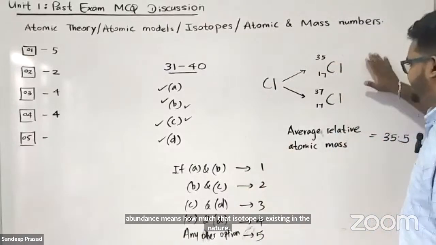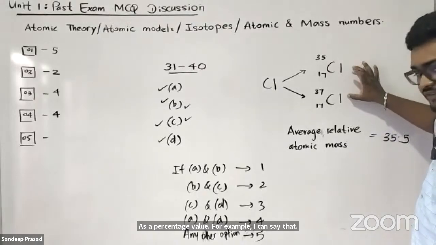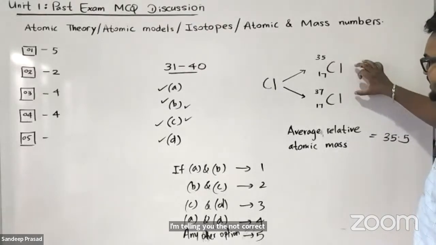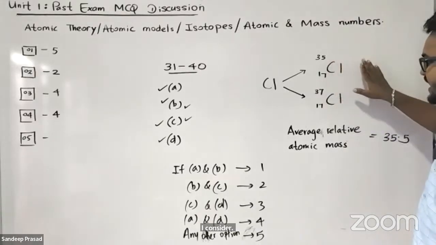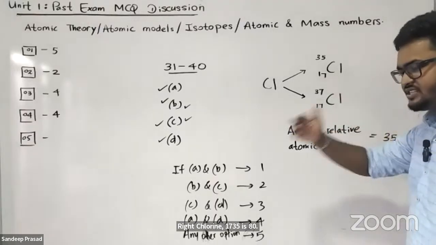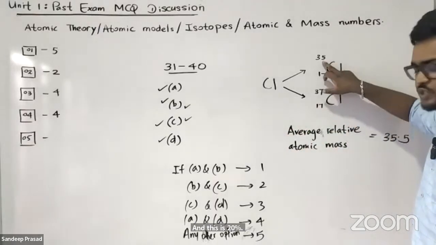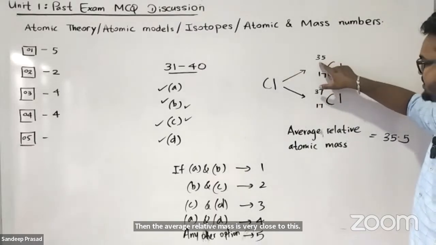For example, I'm telling you not the correct values: if chlorine 35 is 80% and chlorine 37 is 20%, then the average relative atomic mass is very close to the isotope with the highest relative abundance, which is 35.